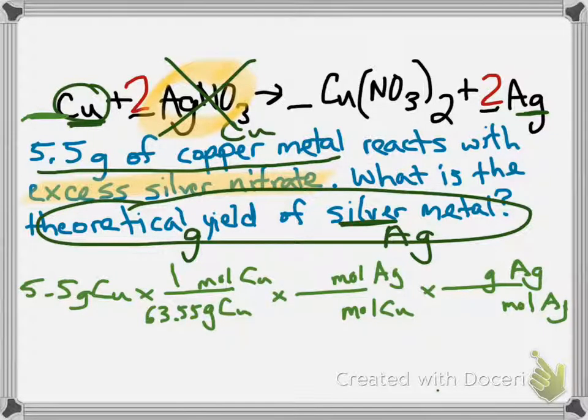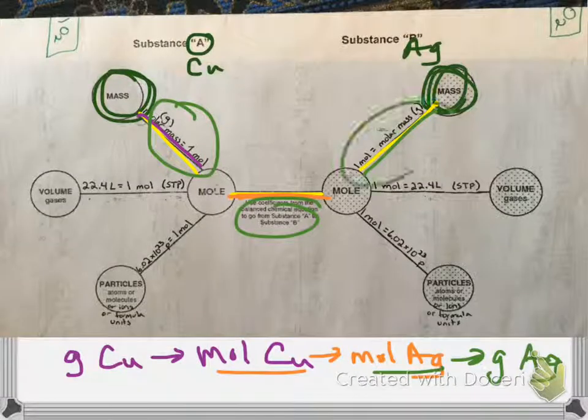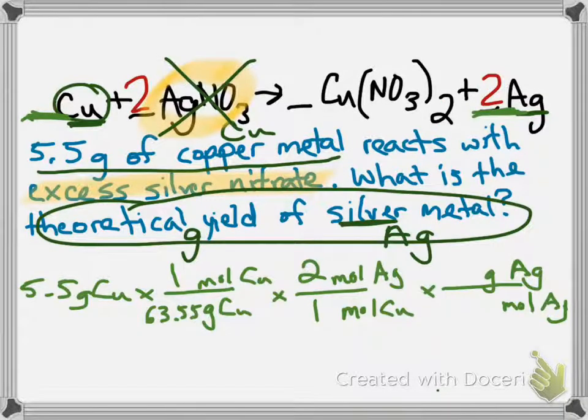So our moles of copper is going to be 1, and our moles of silver is going to be 2. For every 1 mole of copper, 2 moles of silver are produced. And finally, we're going to convert from moles of silver into grams of silver using the molar mass. So we have 1 mole of silver is equal to our molar mass of silver, 107.87.